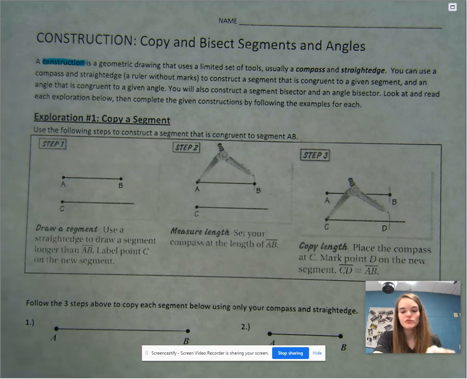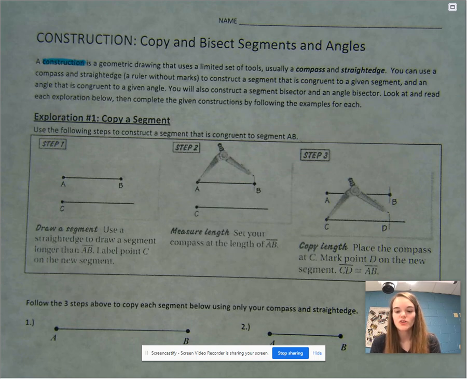You can use a compass and a straight edge to construct a segment that is congruent, and congruent is a big key word there, we're going to talk about that, to a given segment, and an angle that is congruent to a given angle. You will also construct a segment bisector and an angle bisector. Look at and read each exploration below, then complete the given constructions by following the examples for each.